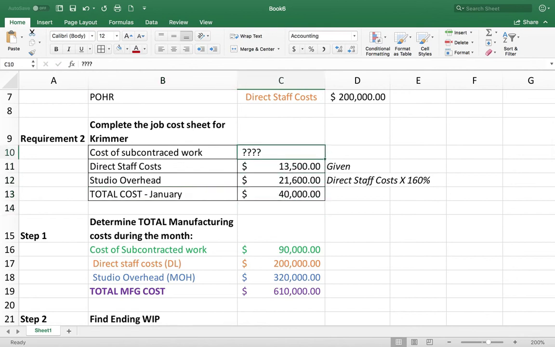So now the subcontracted work, do you see how we solve for that? That's the total cost. So I'm going to take $40,000, because that's my total, right?